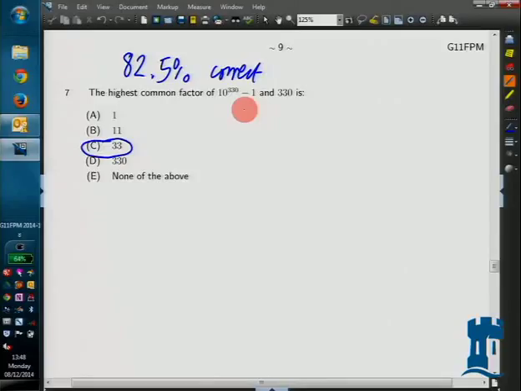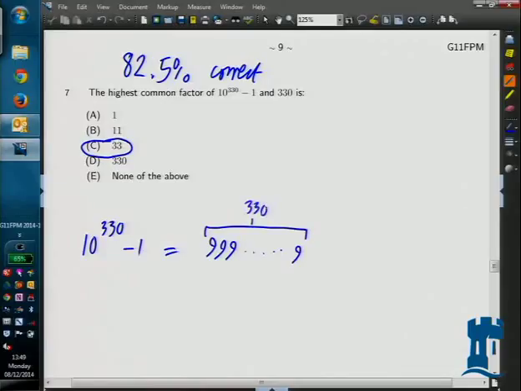However, if you subtract 1 from it, you do get 330 nines in a row, and you could work from that, or you could use modular arithmetic.